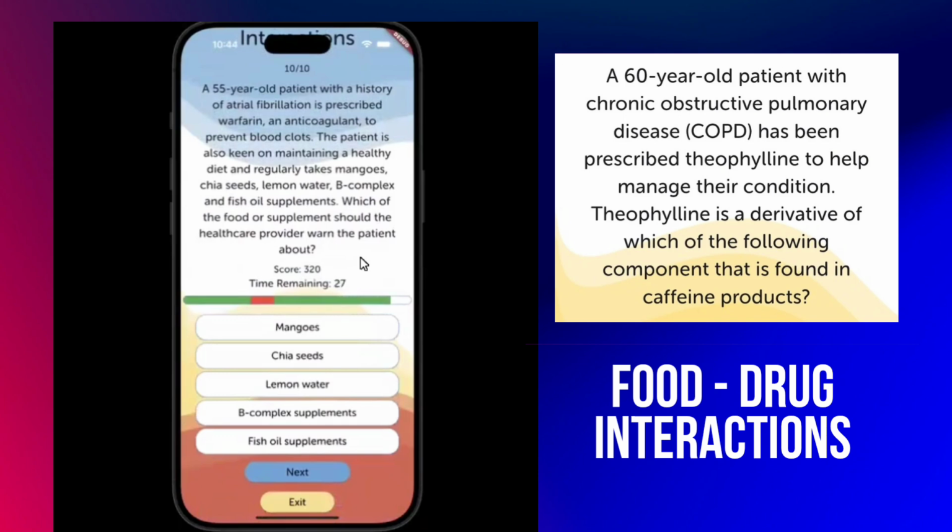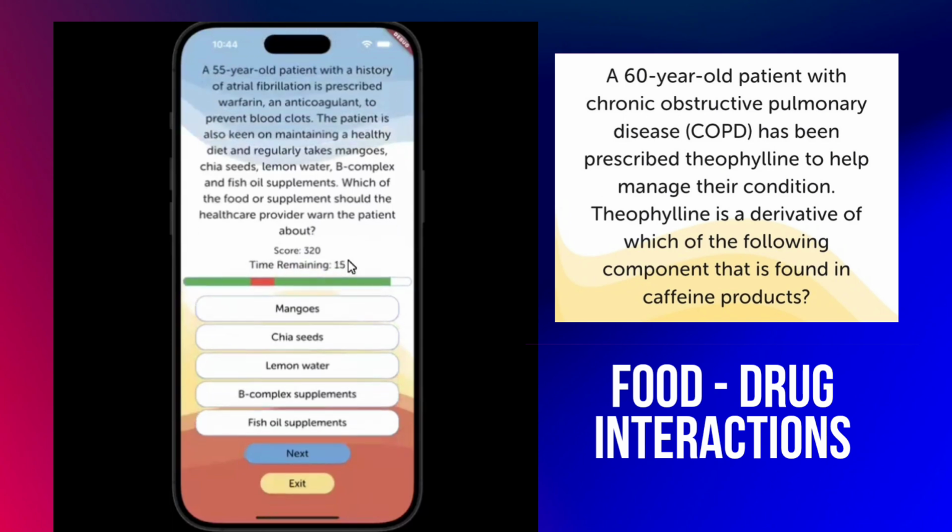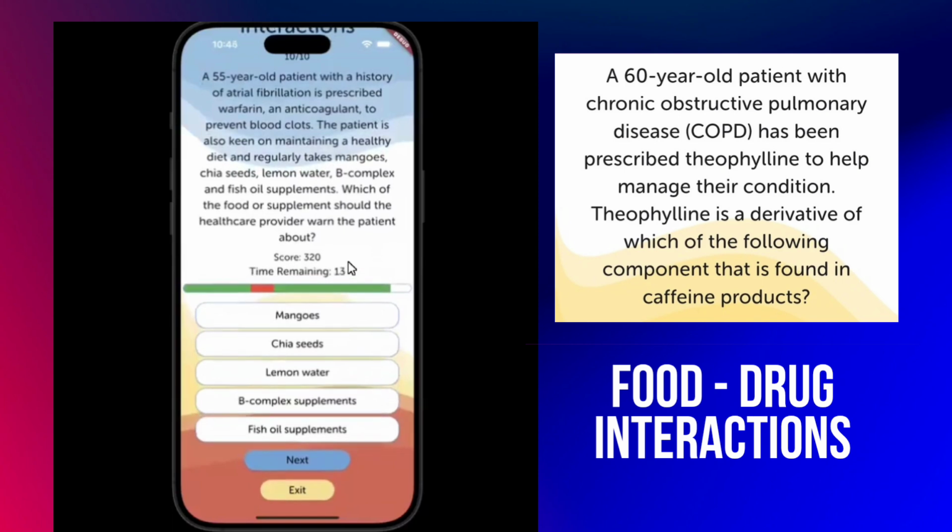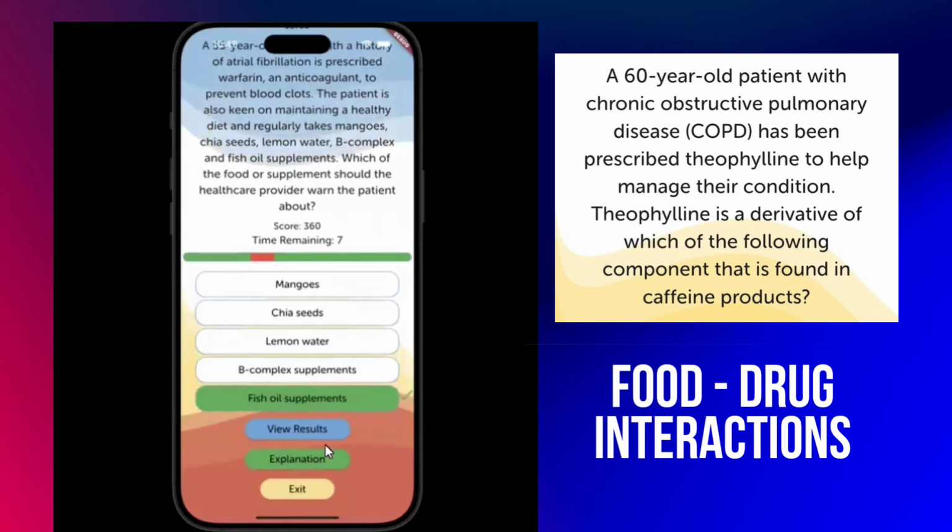Which of the food or dietary supplements should the healthcare provider warn the patient about? What do you think? The patient is on a blood thinner. I would say the fish oil supplements. And let's find out why.